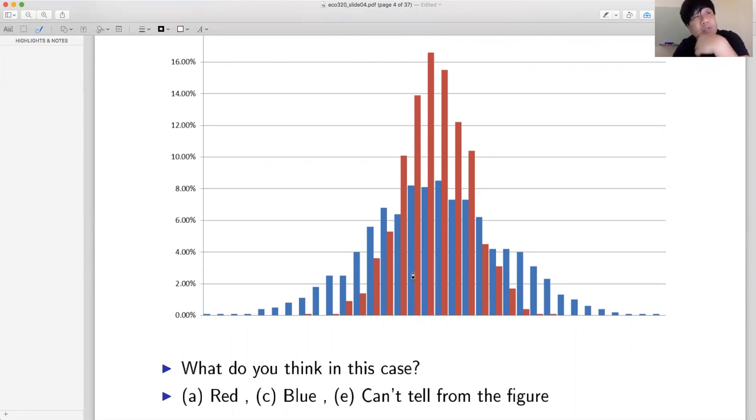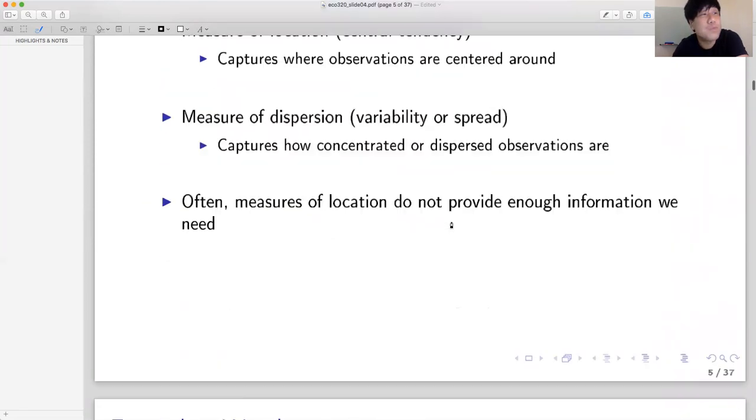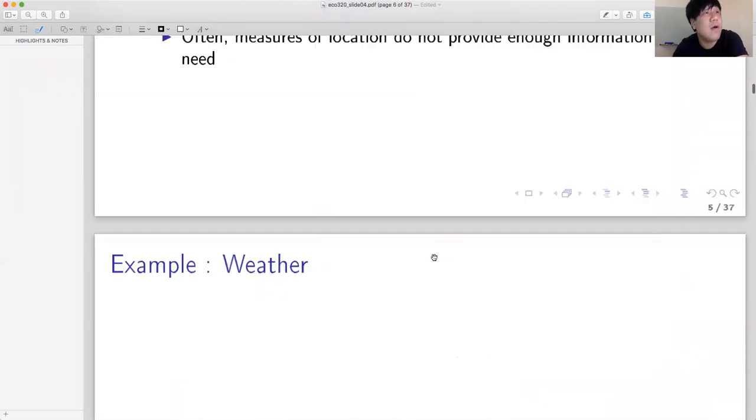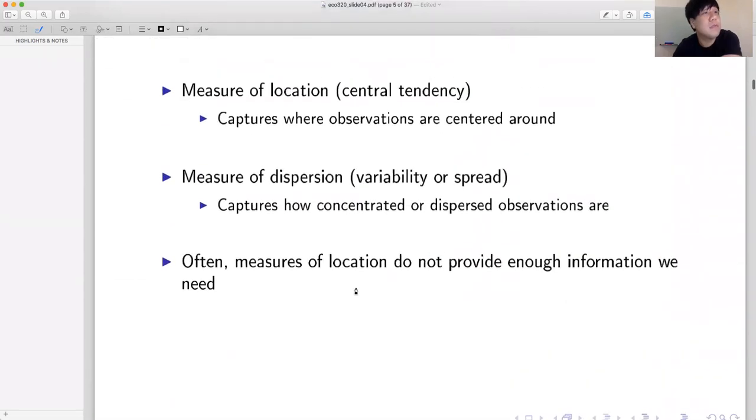So based on these two distributions, which one is more widely distributed, do you think? Think about it. I will come back to this issue. So it doesn't give you enough information.